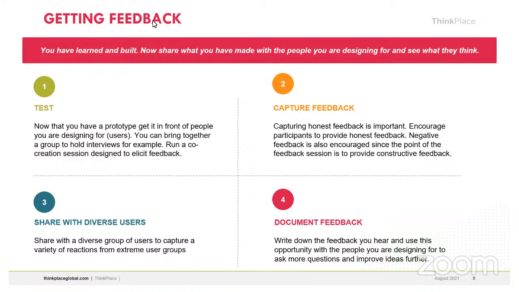It says test. Now that you have a prototype, get it in front of people you're designing for, the users. You bring together a group, hold interviews, the way I've told you, run a co-creation session designed to elicit feedback. So you're sitting with these people, they have seen the product, they have seen the service, and now they're just giving you, we don't like it in this color.